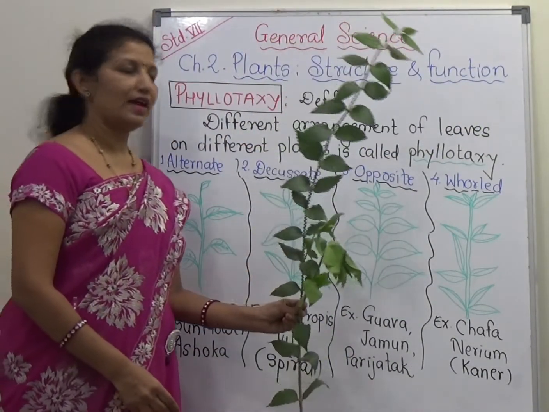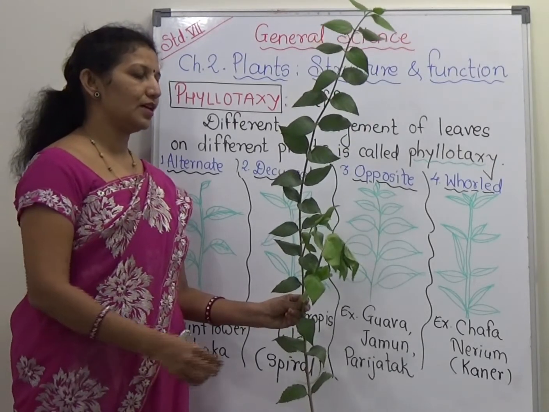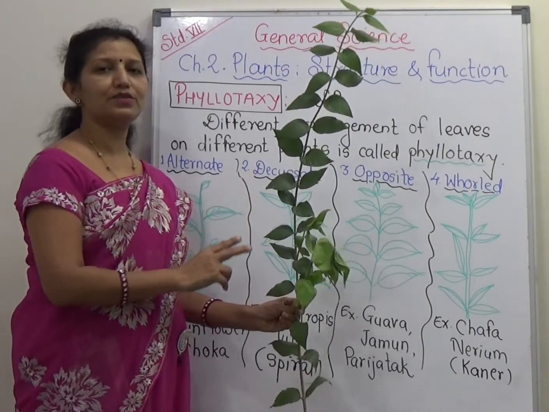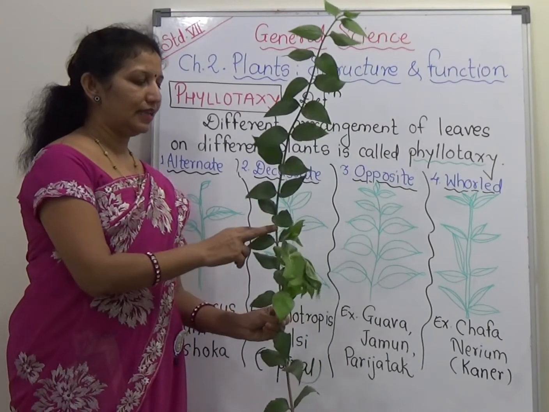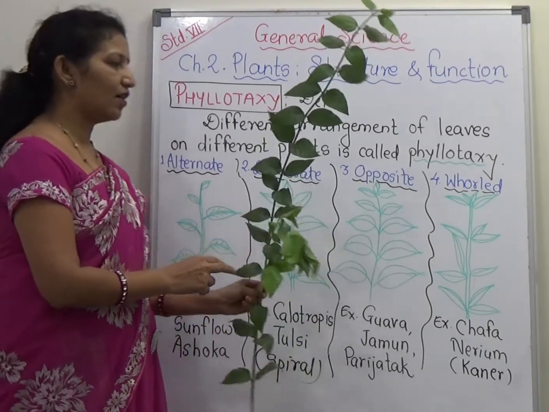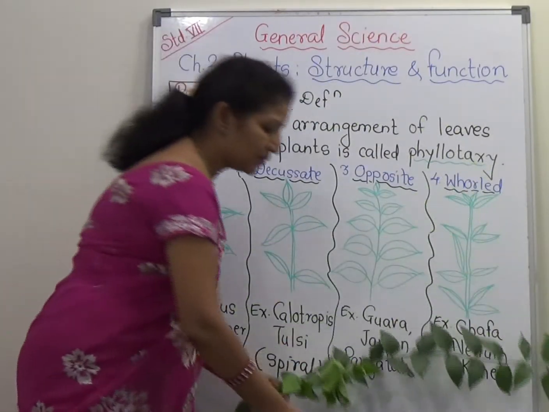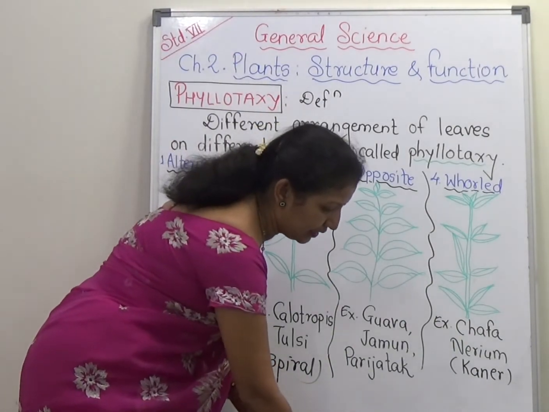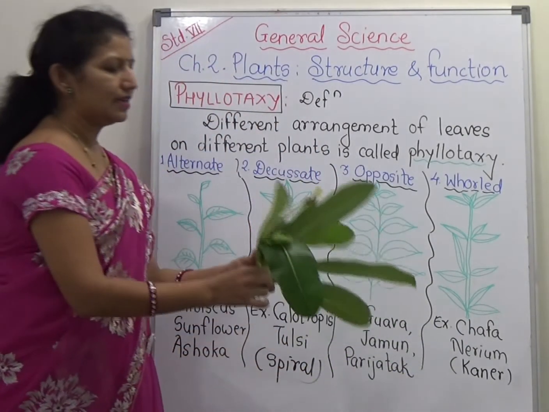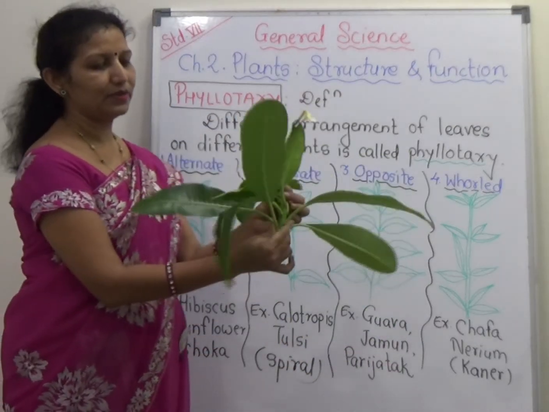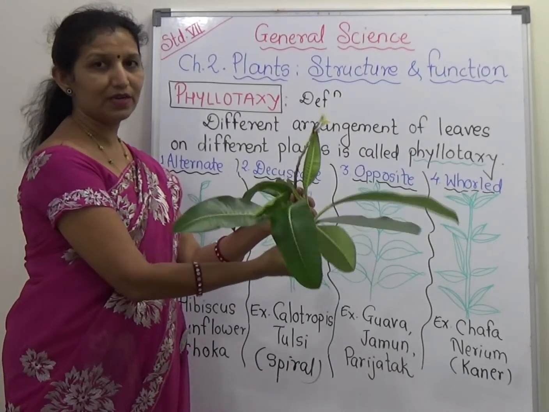In this, at the same node, in the opposite directions, the leaves are arranged. And the examples are Parijataka, guava, jamun. After that, there is whorled phyllotaxy. In Chafa, you can observe whorled phyllotaxy.